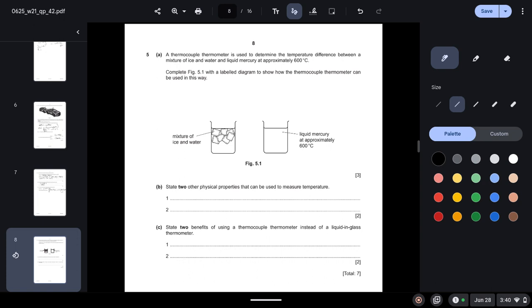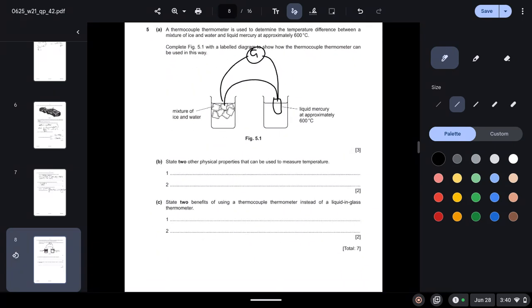So we know the thermocouple thermometer has two wires, and they are of different materials, and they are connected to a galvanometer which gives us the readings. Let's call it G, and there is a junction here. This is how they are connected.